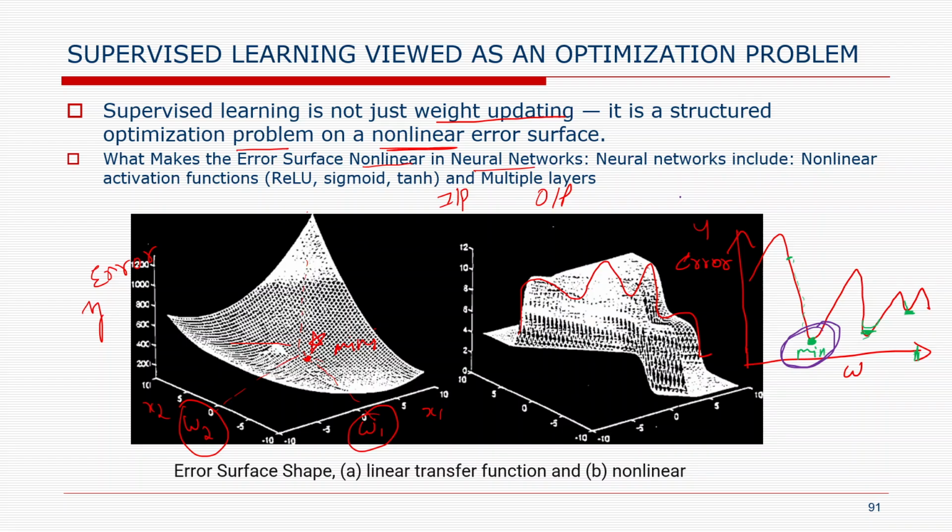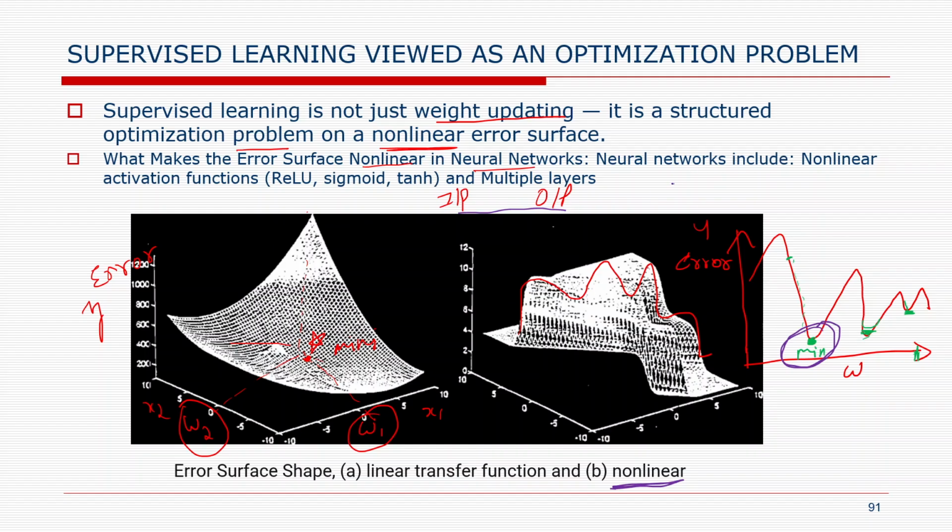The point we are trying to understand here is that when we take neural networks and try to learn the mapping between the input and the output, our error surface will not be linear, it will be non-linear. Because of this non-linearity, finding the global minimum becomes a challenge, because it is not just two weights.